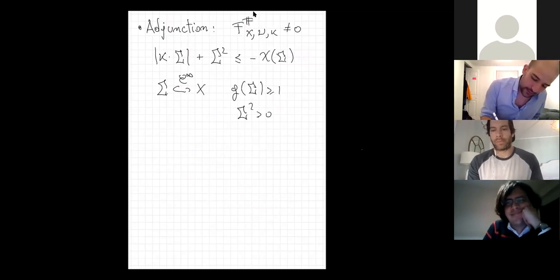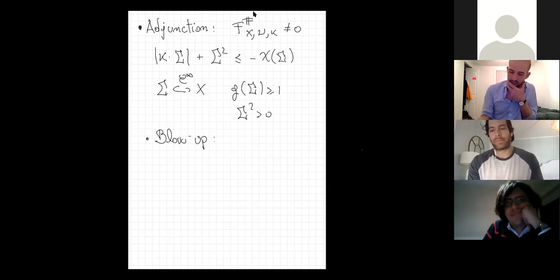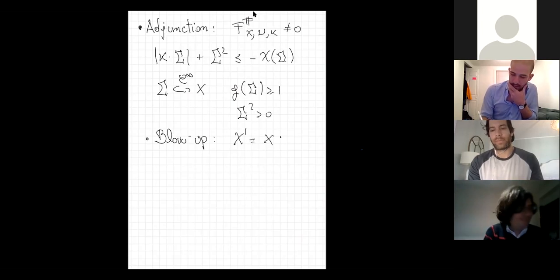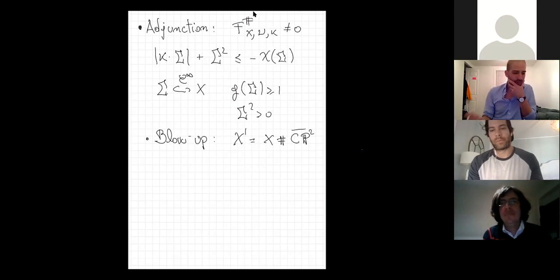And then the other key property we use is the blow up. The blow up says that, suppose you have a cobordism, then you can always blow it up. These are framed cobordisms, so you blow it up away from the framing.